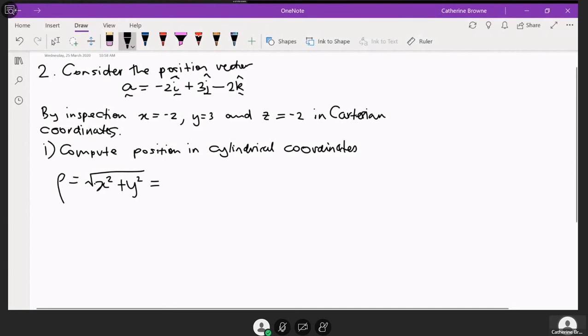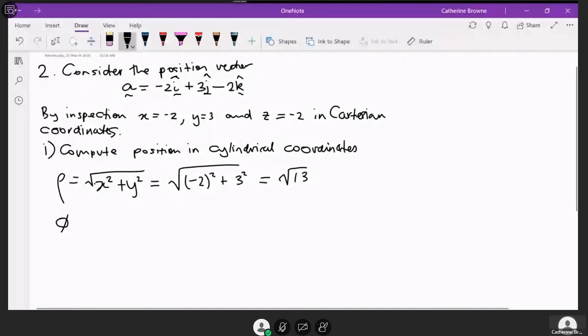So that is equal to minus 2 squared plus 3 squared, the square root. And so that's 4 plus 9 is 13. So the square root of 13 is the radius.